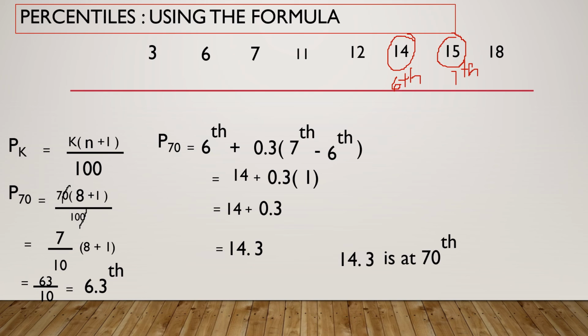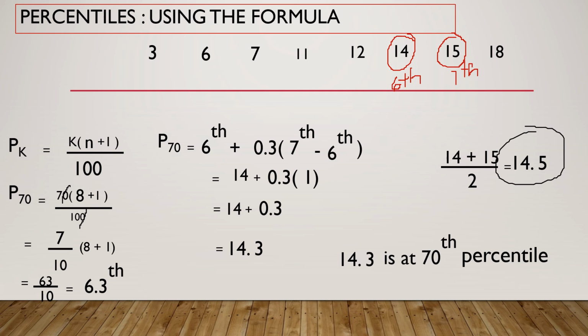And here is 14.3. So you need to pay attention to that. 14.3 is the 70th percentile, or 14 plus 15 divided by 2 is equal to 14.5. So see the difference here. You need to ask first if your teacher is just going to accept the average or use the formula.